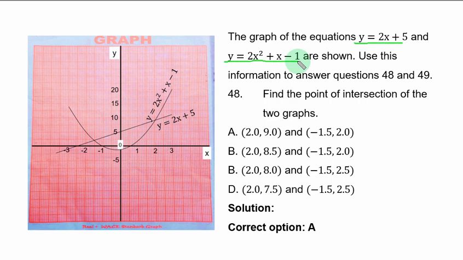So you have question 48. Find the point of intersection of the two graphs. Now you have the point of intersection in coordinate form, the way the options are given. So before the point of intersection, you need to understand the scale that was used to plot this graph.